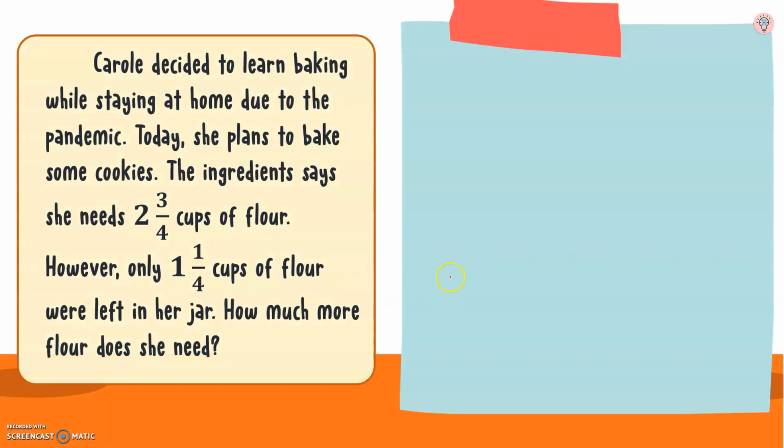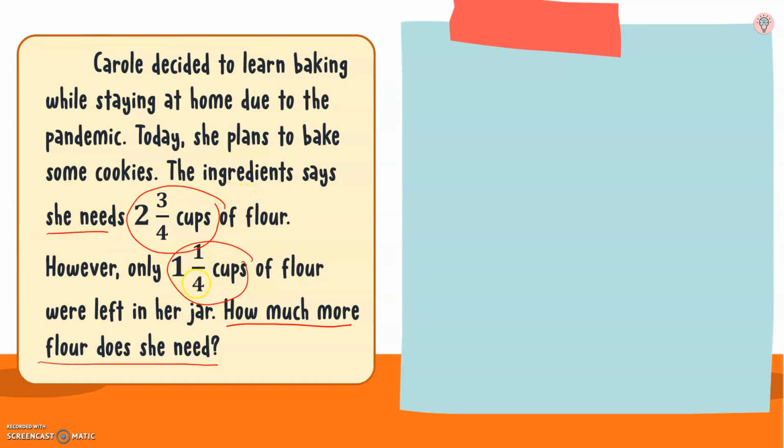Now let's go back to our first problem. In this case, we are asked how much more flour does she need? And the given facts in this problem are 2 3/4 cups of flour and 1 1/4 cups of flour. 2 3/4 cups is the total number of cups of flour she needs according to the ingredients.